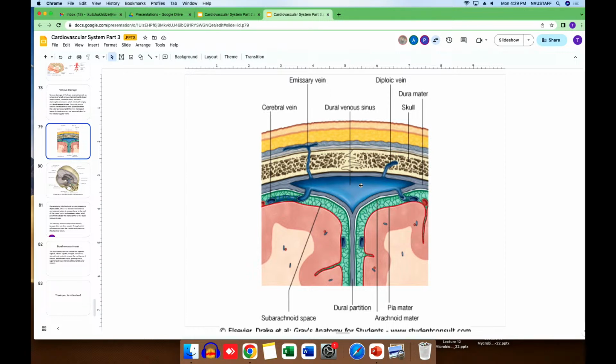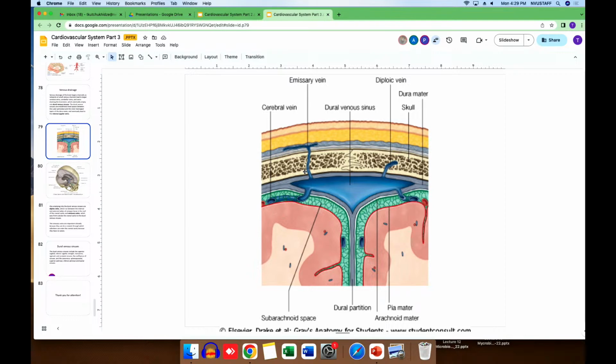However, our emissary veins do not have valves, so there is no border to stop the infection. Thus, the infection easily reaches the dural venous sinus, right?